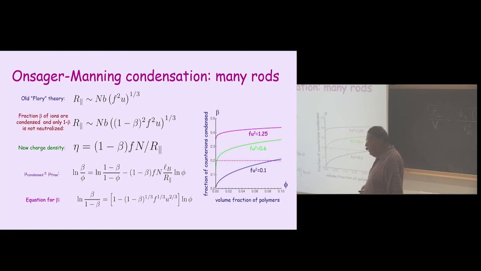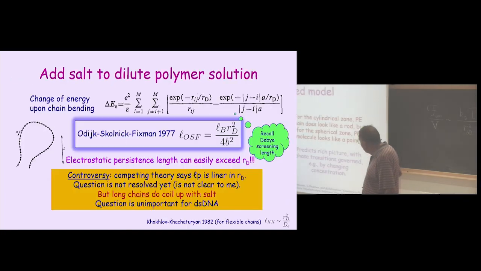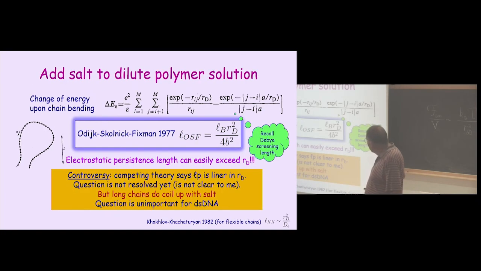Okay, so if you go through this, you discover that this, of course, has consequences for Flory theory, this condensation, and so on and so forth. Then you discover what happens if you add salt, and then instead of a completely straight chain, you start having a chain which is somewhat stretched on short length scales, but then coils up on bigger length scales.